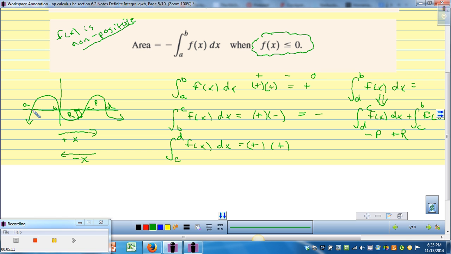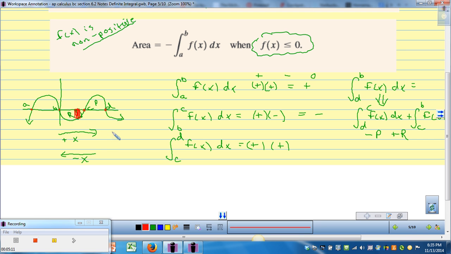This one is A, this one is B, this one is C, and this one is D. So when we are figuring out if the area is a positive or a negative, let's take into account that we are basically summing up a bunch of rectangles. So if I sketch in this, I'm coloring this little area to be one rectangle, one representative rectangle. Kind of fat, but there it is.